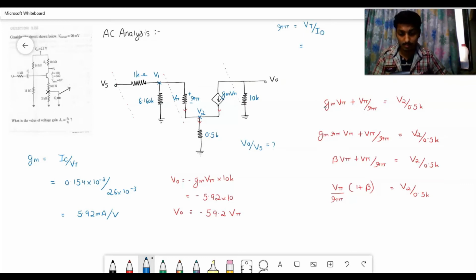So 16.883 kilo ohms. This is nothing but your r pi. So 1 plus beta is 101, divided by this answer.